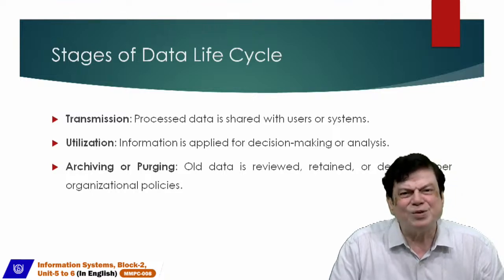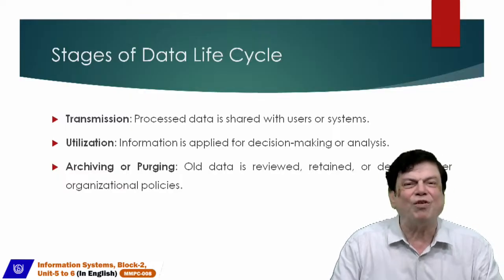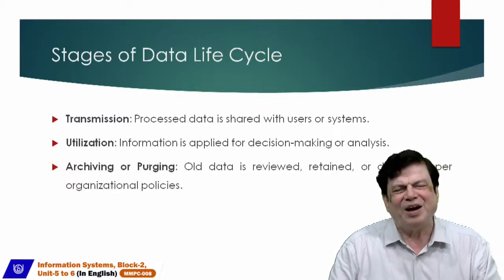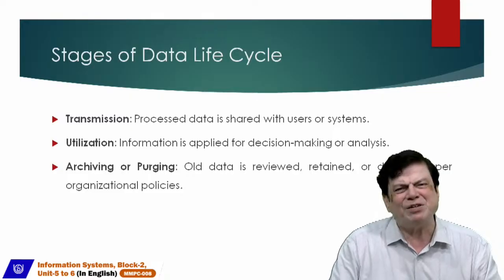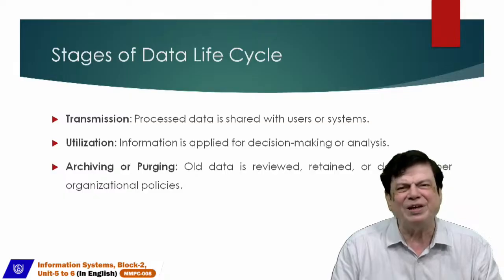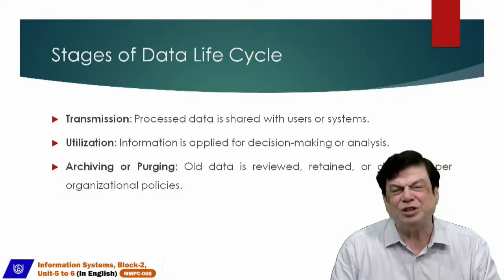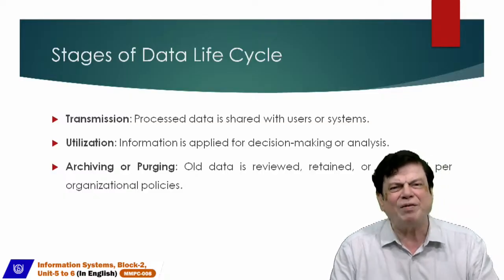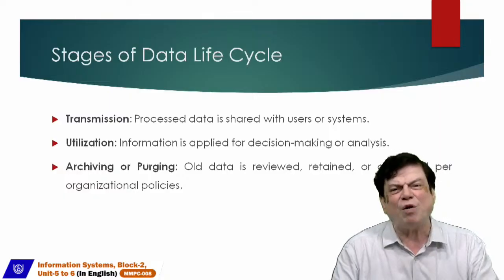Similarly, banks are not going to keep records for years and years. After 10 years, 15 years, each bank has its own book of instructions, and accordingly they act. If it is to be destroyed after 20 years, they destroy it after 20 years. Otherwise it will occupy so much space.